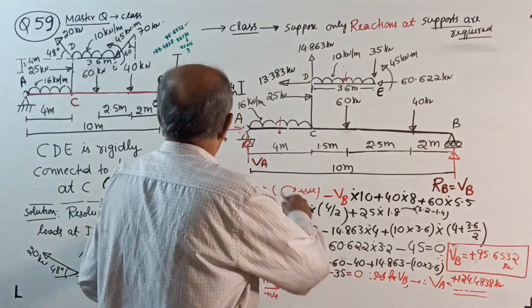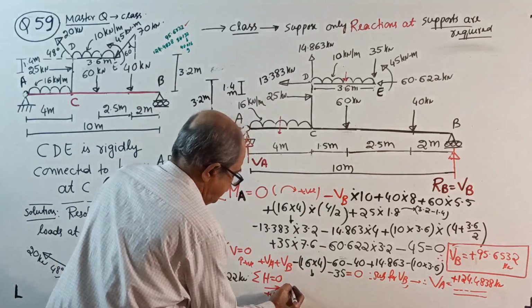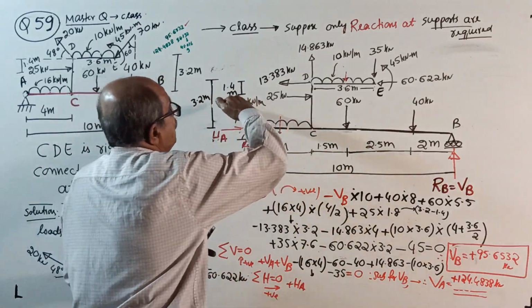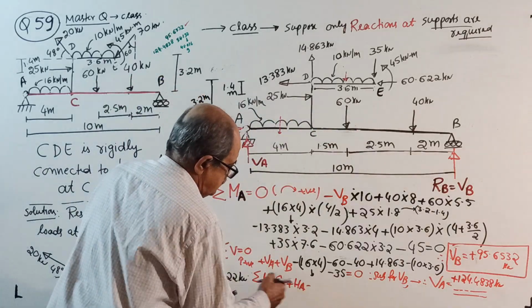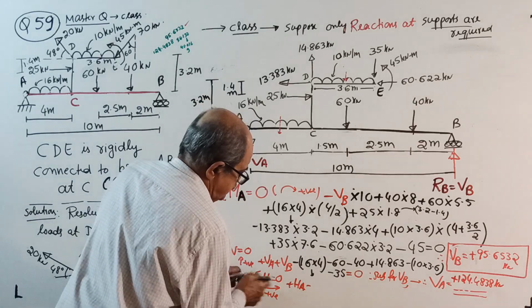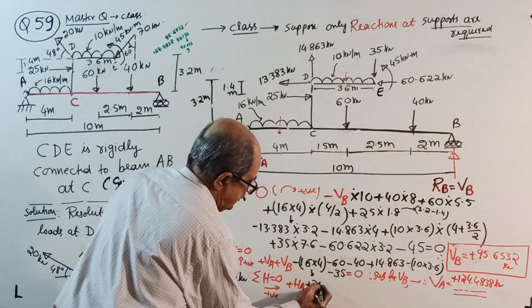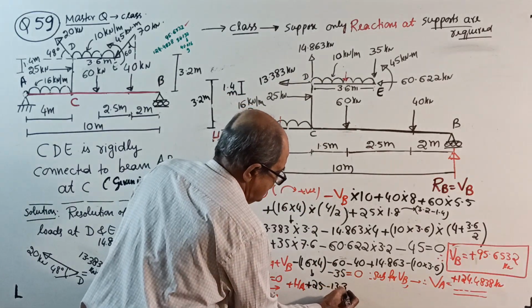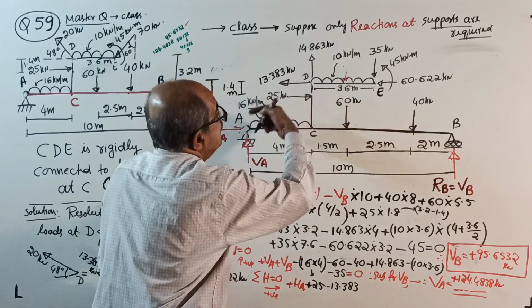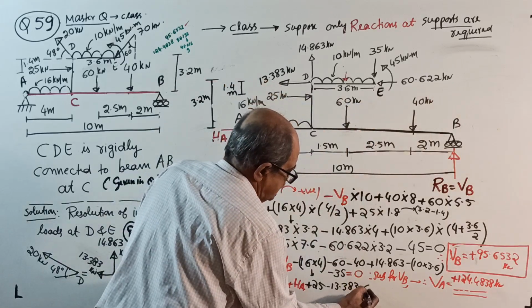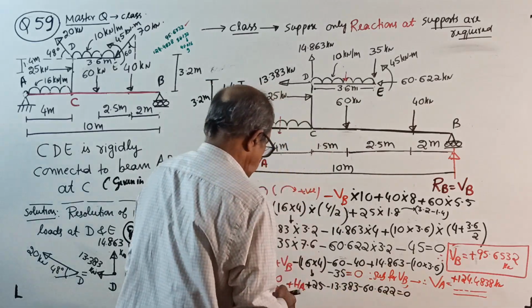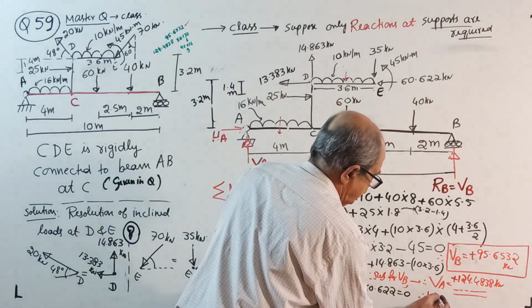Then you get plus HA, plus 25, minus 13.383, minus 60.622 equal to 0. Therefore, you get the value of HA.